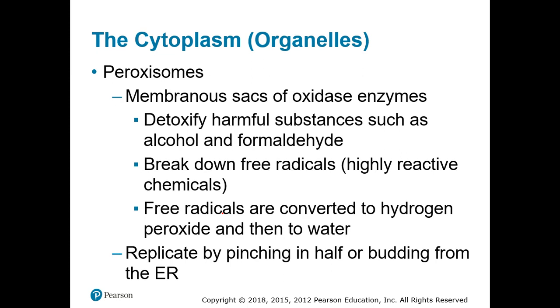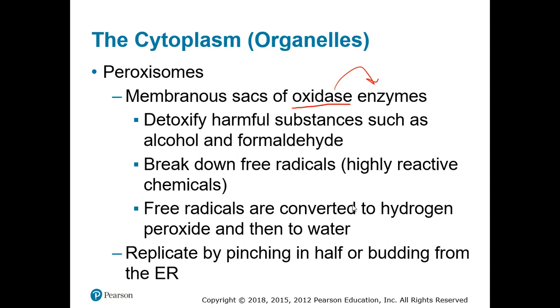The next organelle we're going to talk about are called peroxisomes. These are membranous sacs that contain oxidase enzymes. So again, if it ends in ase, it is generally an enzyme. What peroxisomes do is they help detoxify harmful substances like alcohol and formaldehyde.